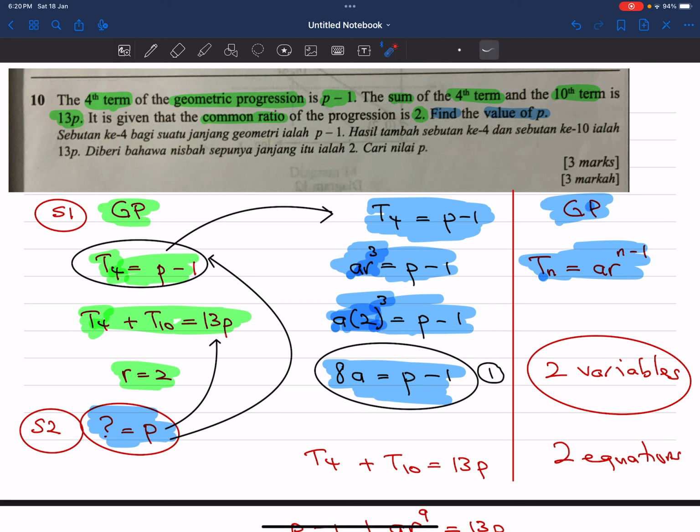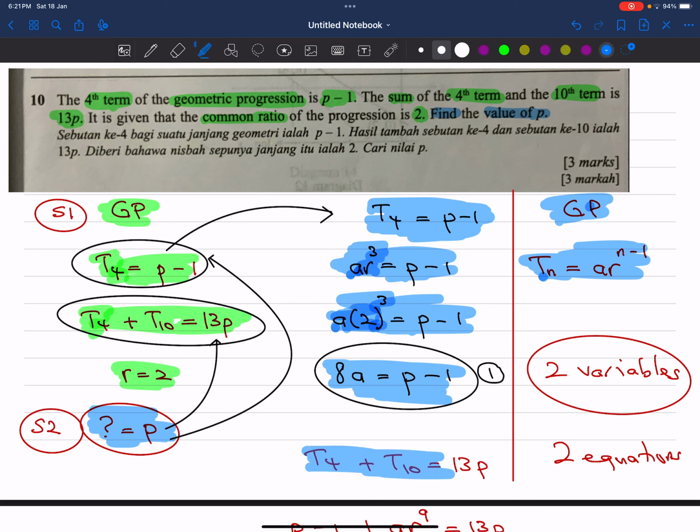So, I go to the next equation that they give involving P, which is T4 plus T10 equals 13P. You see? So I'm using the next equation. T4 plus T10 equals 13P.